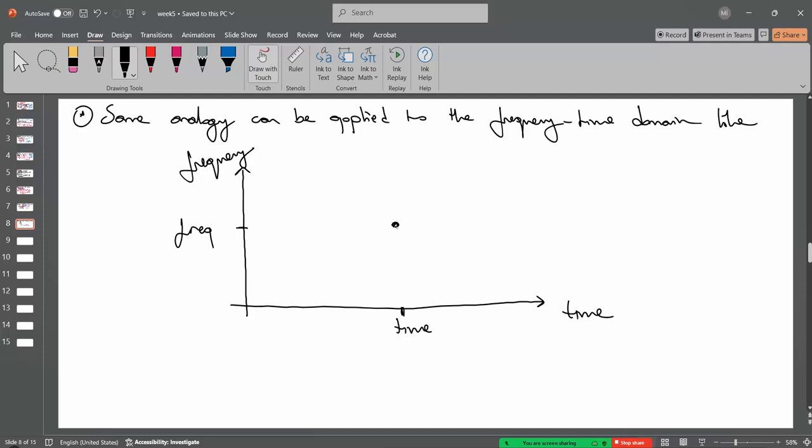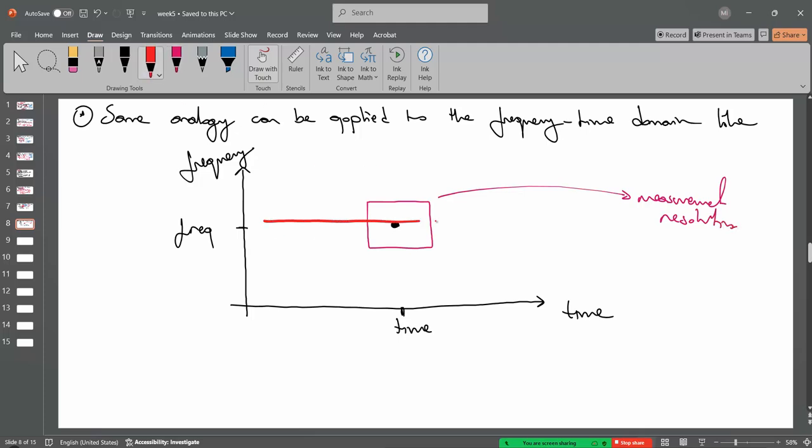Okay, and then this is the exact position of these terms, but just like in the Heisenberg principle, this is the measurement resolution. And also if we want to have a higher frequency resolution, then this is very certain, but in time we don't know.